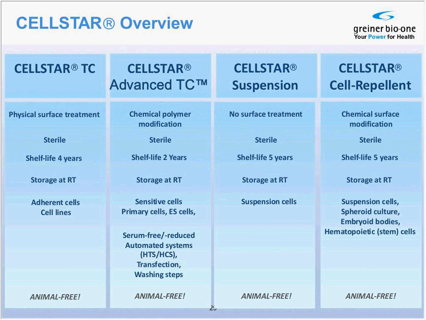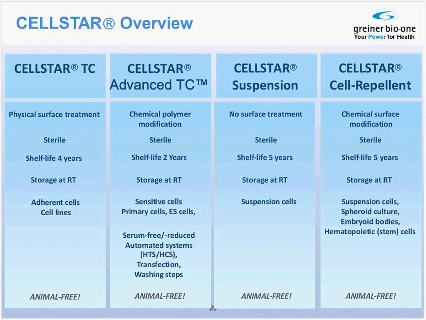Greiner also offers several surfaces for cell culture. We have a range of non-biological surfaces that are, of course, animal-free. These are sterile products that feature a rather long shelf life. They can be stored at room temperature and include our standard CellStar tissue culture treated products.